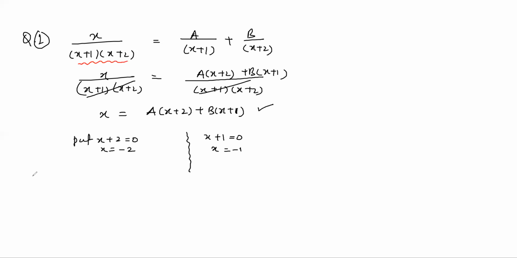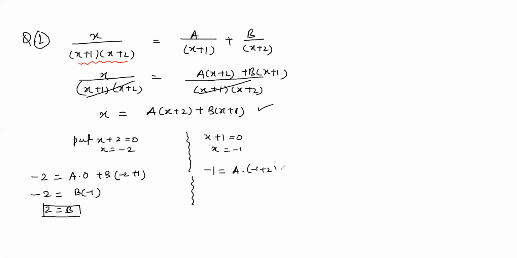It will be minus 2 equals a into 0 plus b into minus 2 plus 1. So it is minus 2 equals b into minus 1, so the value of b is coming out as 2. What about this? This is minus 1 equals a into minus 1 plus 2 plus b into 0. So minus 1 equals a into 1, so a is coming out as minus 1.